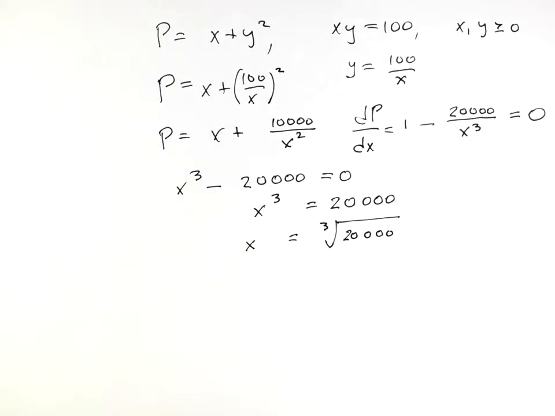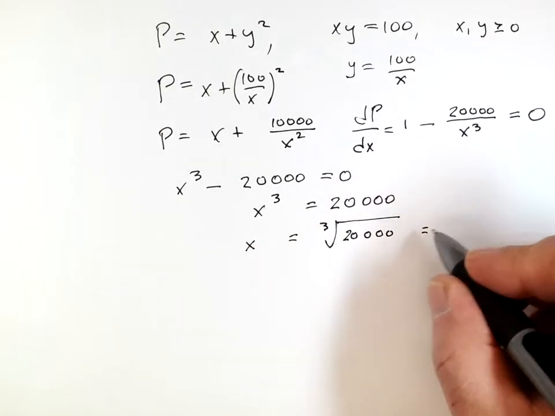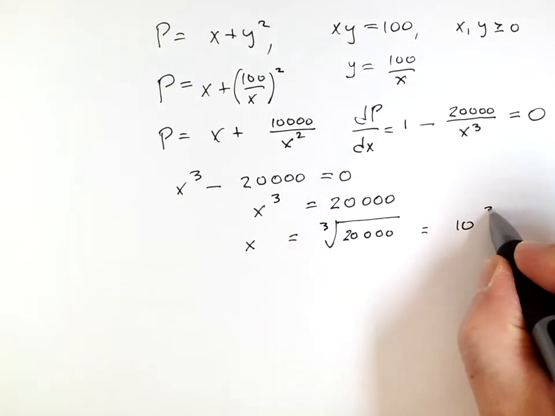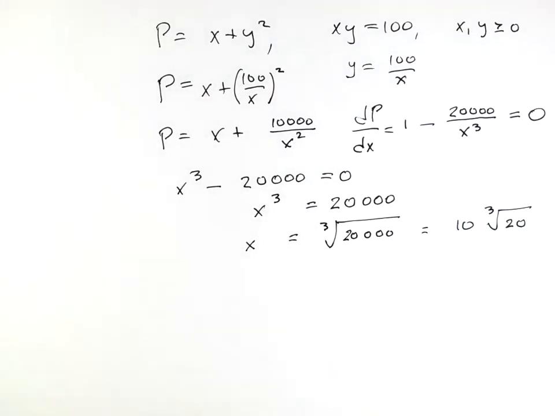Well, let's see. What do we have? 1,000 is a perfect cube, okay? So the cube root of 1,000 is 10, all right? So what I'm going to do is take that 10 out. And that's what I'm going to have. That's the simplest form, okay? 10 times the cube root of 20.